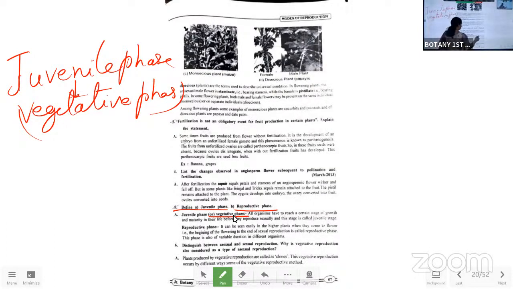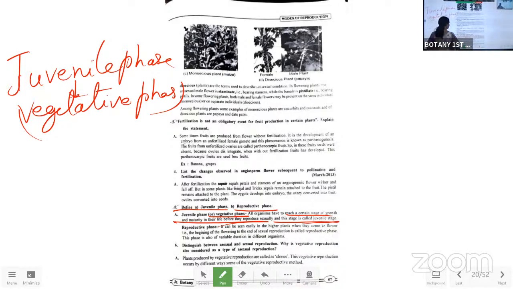In that, the growth and the maturity of the organism can be seen, which goes on to the sexual reproduction by the formation of the different organs in it. When the growth of the organism occurs by the formation of the sexual organs in them to go with the sexual reproduction, that is called the juvenile phase, otherwise the vegetative phase.